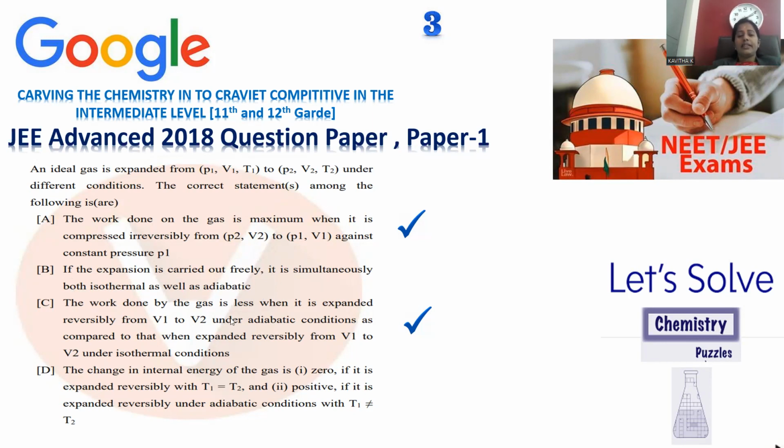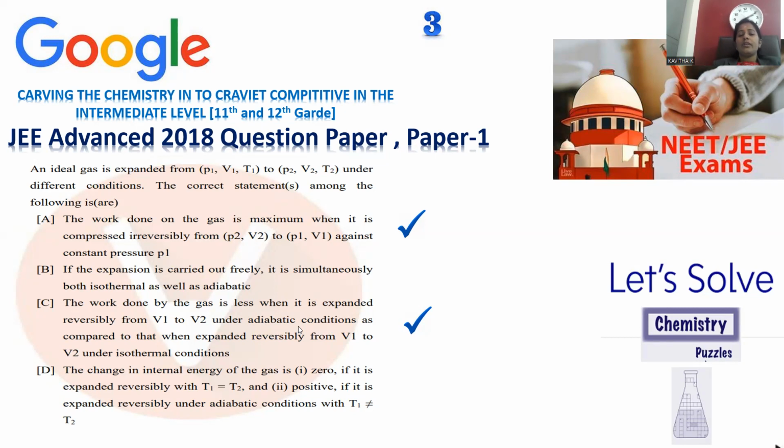The work done by the gas is less when it is expanded reversibly from V1 to V2. So what we are doing, we are expanding the gas reversibly, meaning the conversion is possible in both directions, hence we can say reversibility. Under adiabatic conditions, what does adiabatic denote?